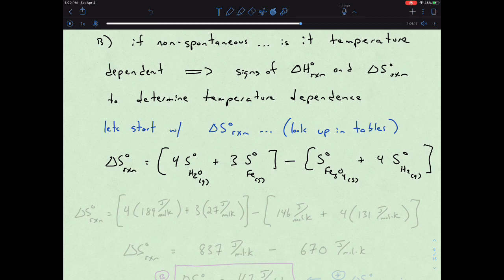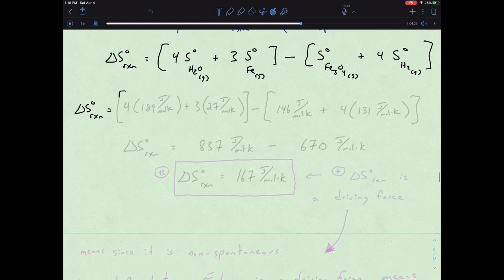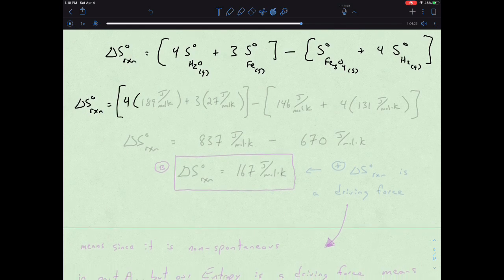And so if we start to plug these in, we have a delta S of the reaction equal to 4 times the entropy for H2O gas, which is 189 joules per mole Kelvin, plus 3 times the iron, which is 27 joules per mole Kelvin, minus then our rust, which has a value of 146, plus then 4 times our hydrogen gas, which is 131 joules per mole Kelvin.